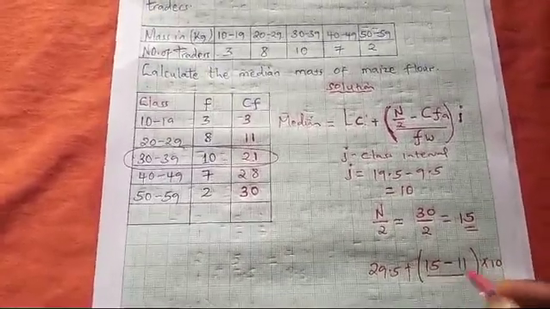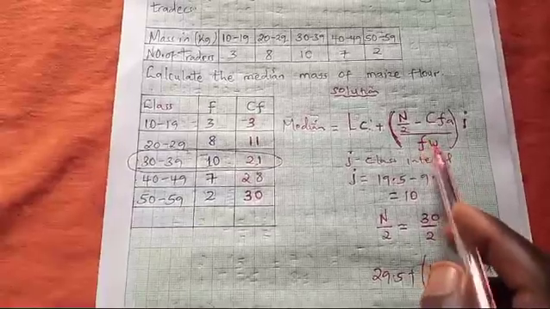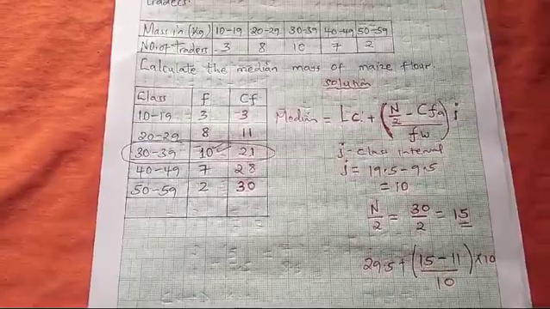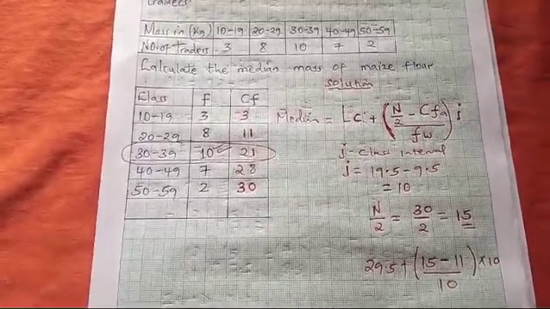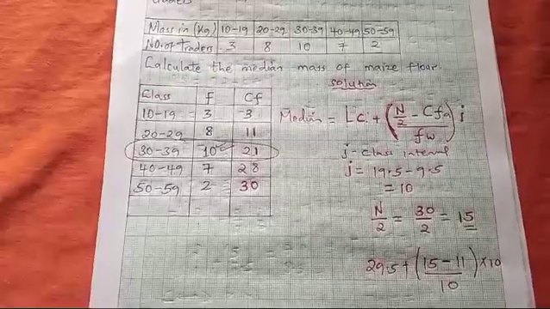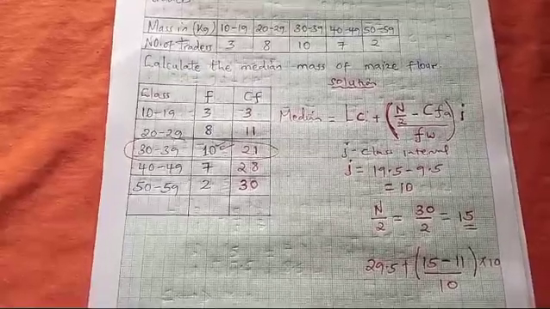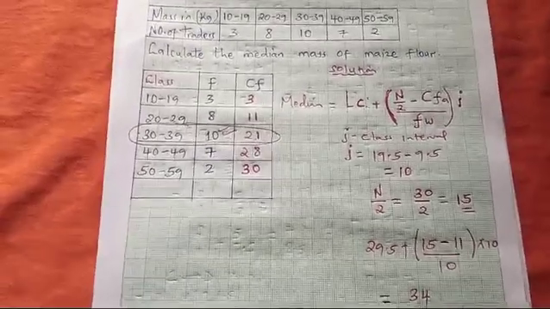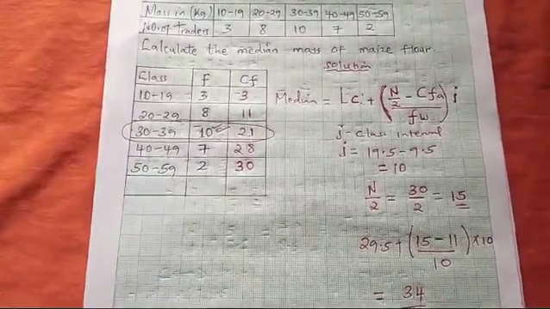We divide by the frequency within, which is 10. When you work it out very well, you will find that this gives you 34 as the median.